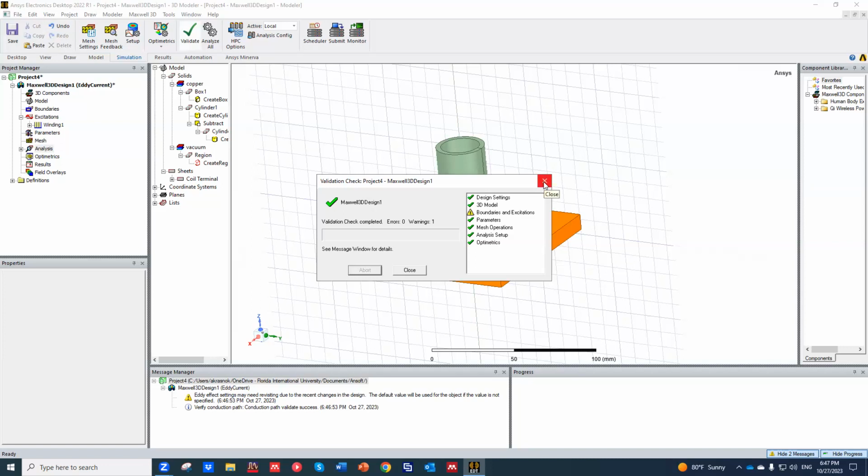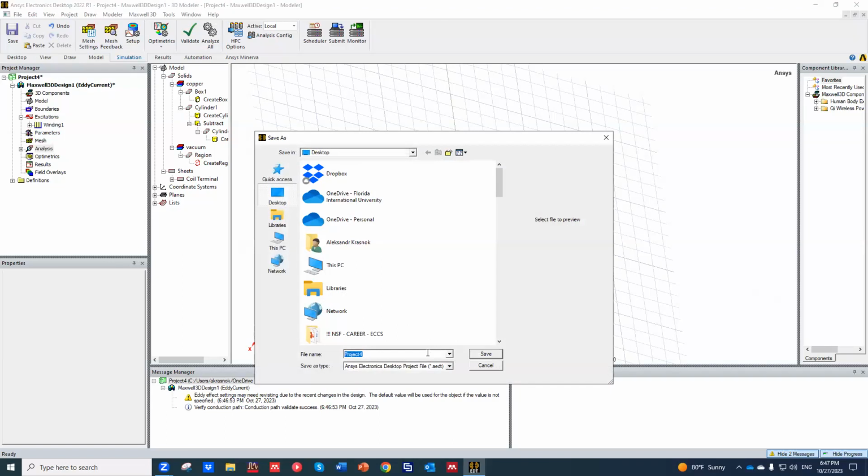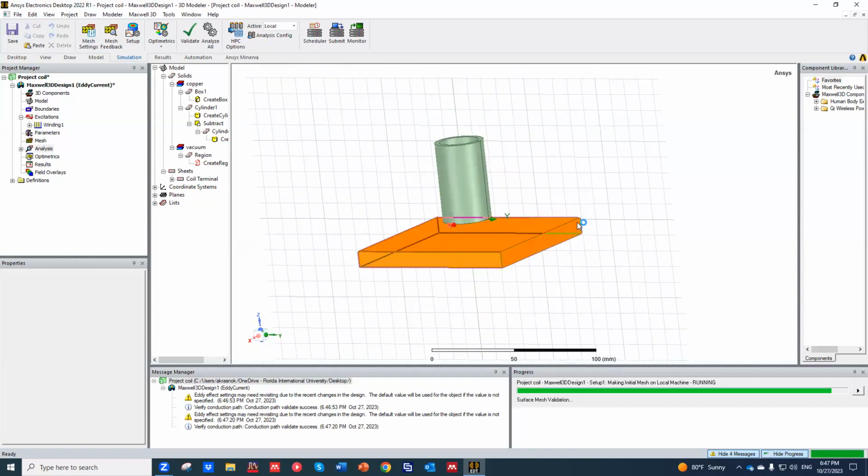That's okay for this project. And I go ahead and analyze all, save the project, and run the simulation. Okay, so in a few minutes, the simulation is going to be completed.